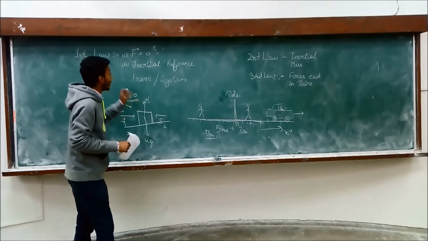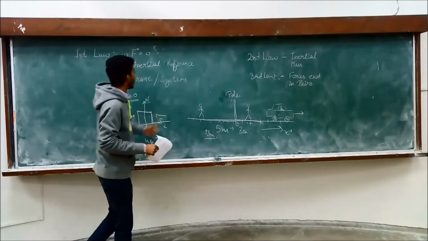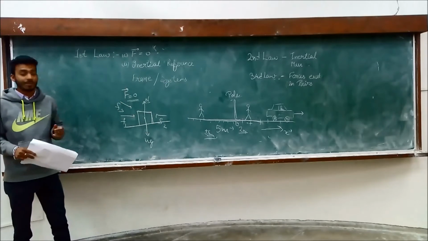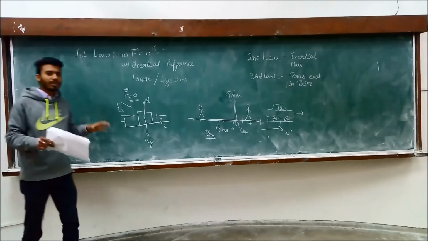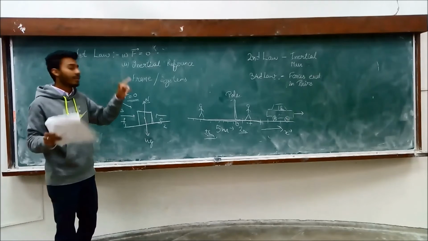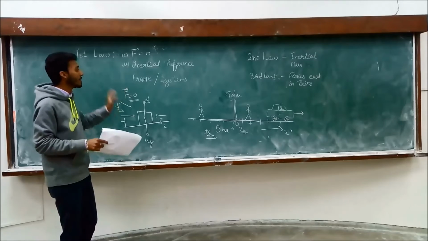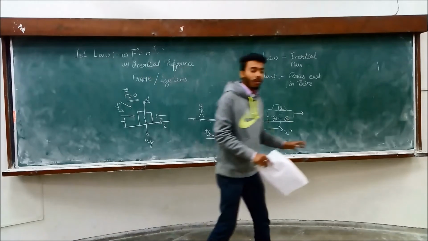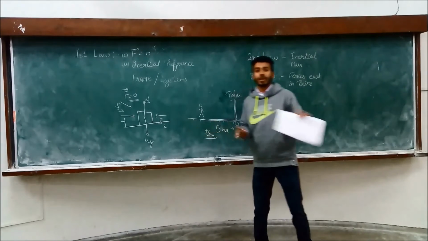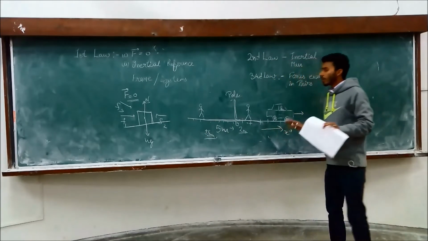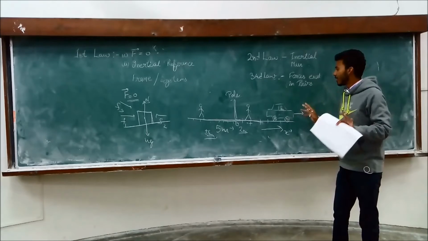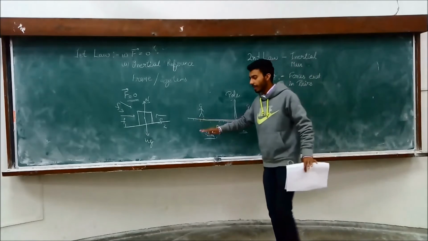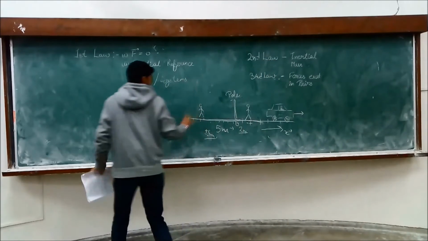And the frame which follows Newton's law is called an inertial reference frame. Generally we say that an inertial reference frame is one that travels with constant velocity with respect to any other frame. To define that properly, consider a person standing on the earth.